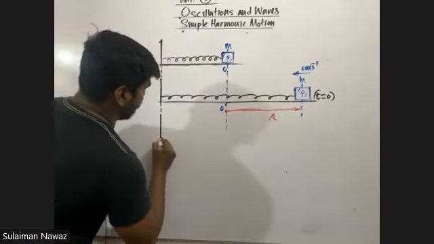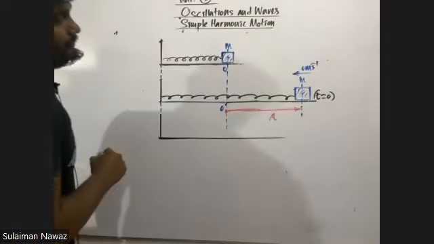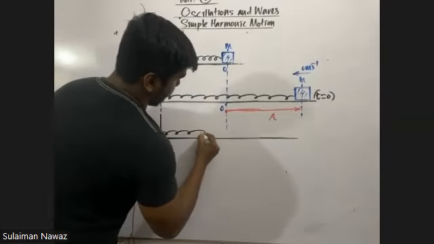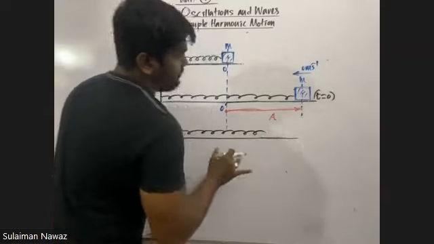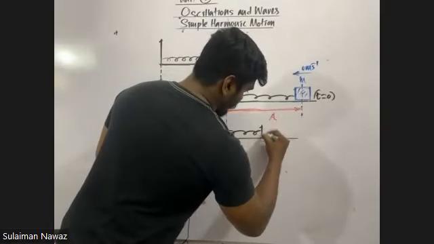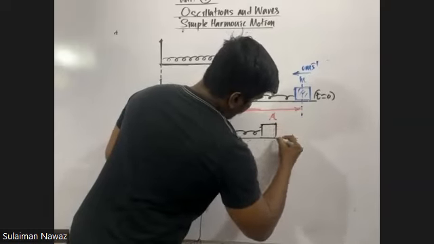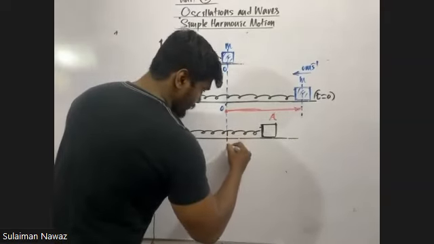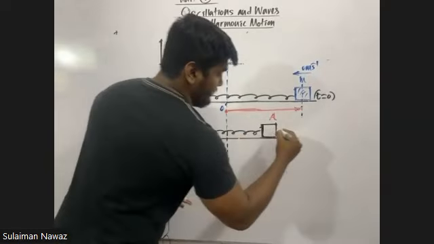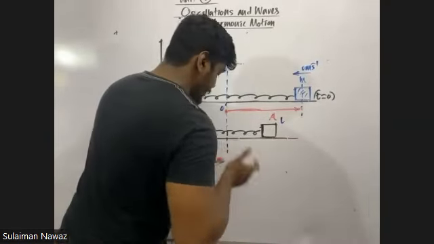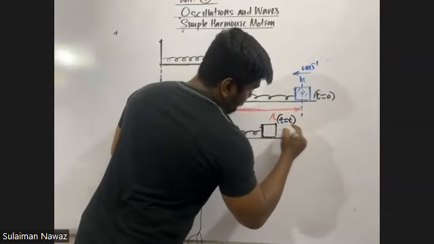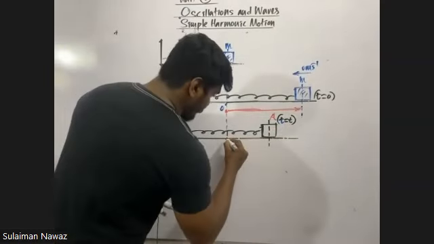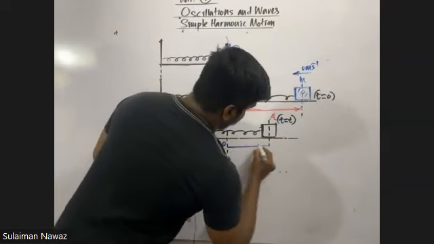If I draw that diagram, when t equals t, at this position, the displacement of this object from the equilibrium point, I will call x. Displacement is x.